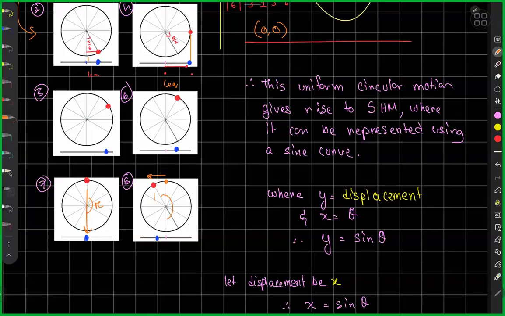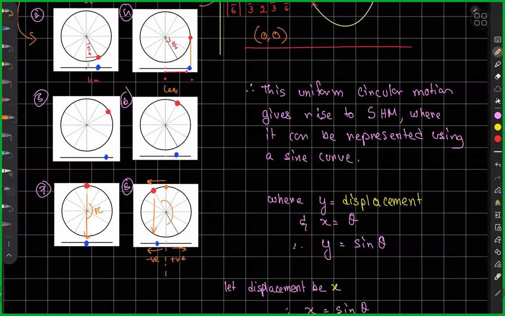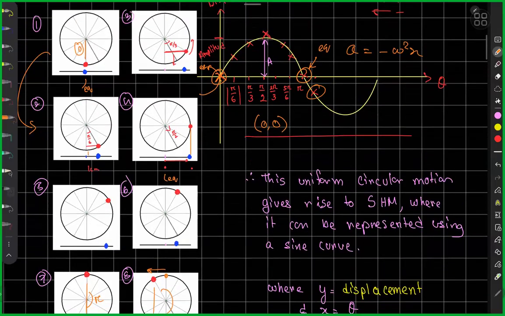The shadow created is on the negative side of the equilibrium. This side is the positive side and this side is the negative side. So now I have a displacement on the negative side, exactly what we have over here. Whatever displacement is on the positive side, the same displacement is on the negative side. So this would be around pi plus pi by 6.